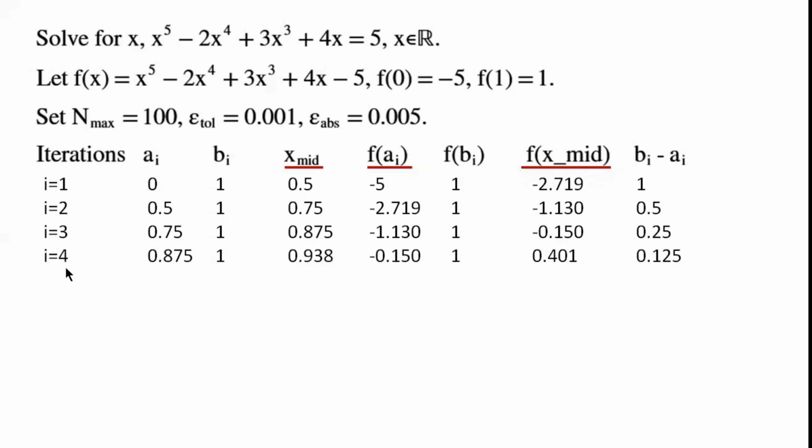So when i equals 4, we set ai to be equal to 0.875.